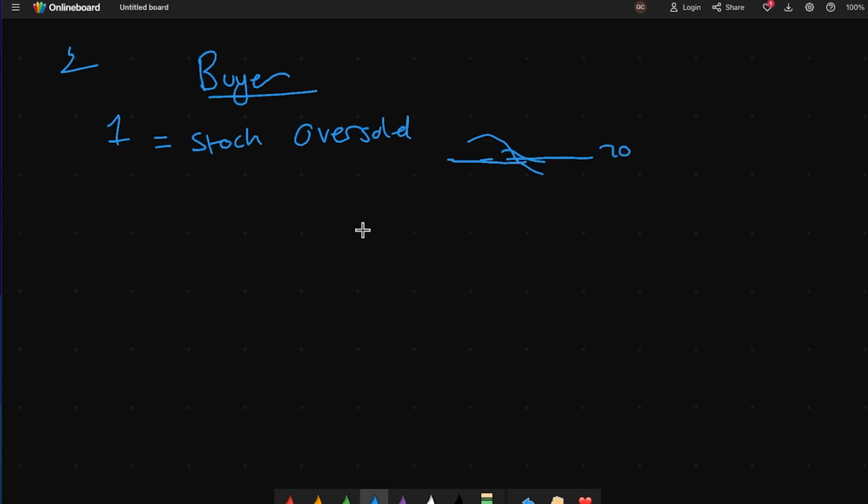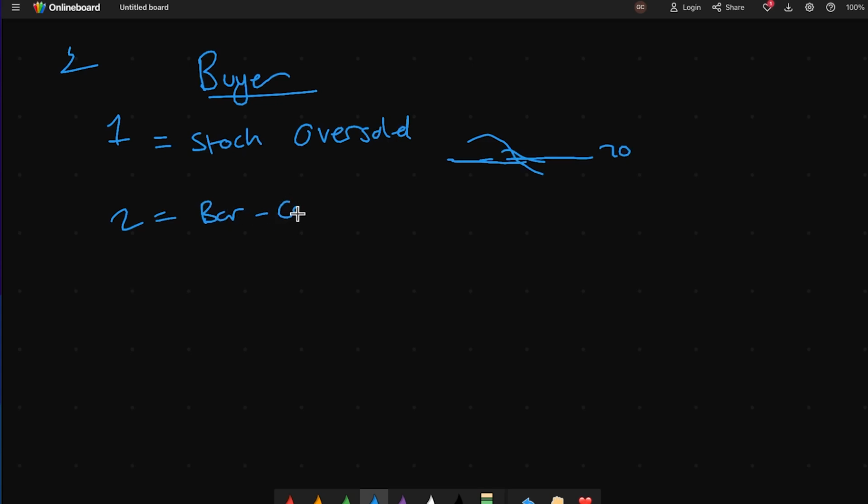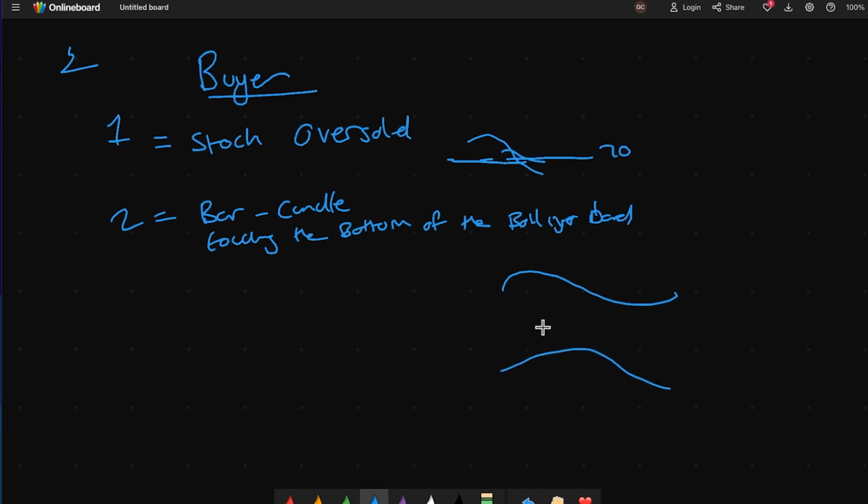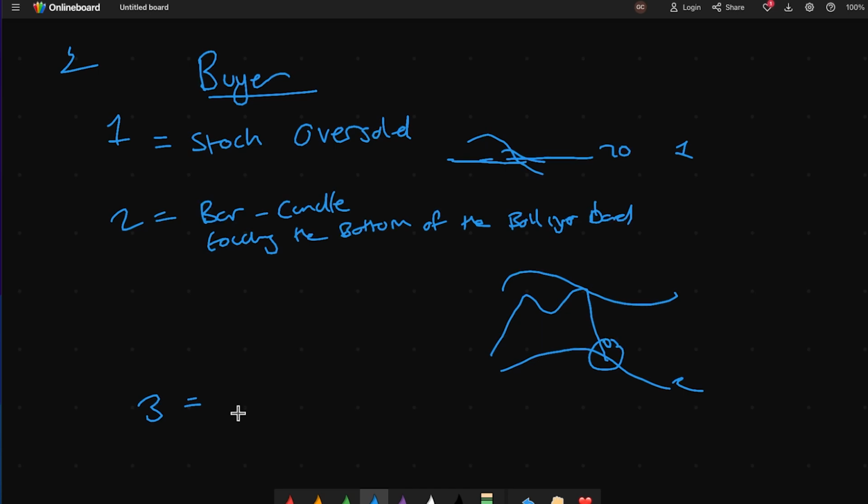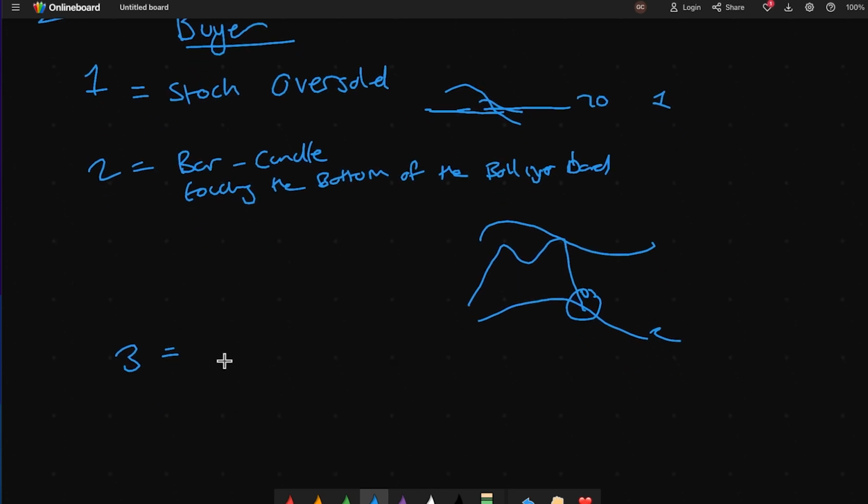Step two, a bar or candle touching the bottom of the Bollinger Band. So what that looks like, if that's the band, the market has to be going and touching. So one, two.